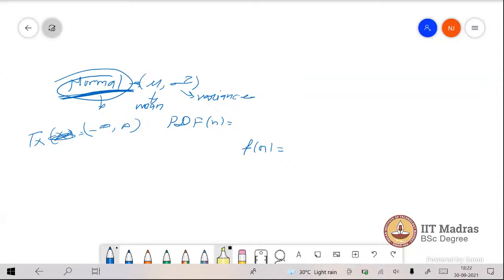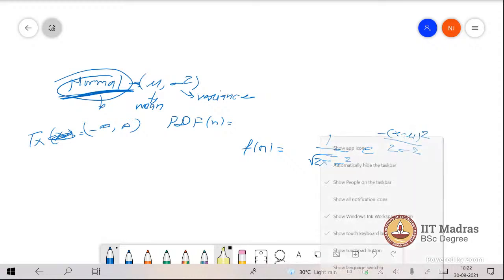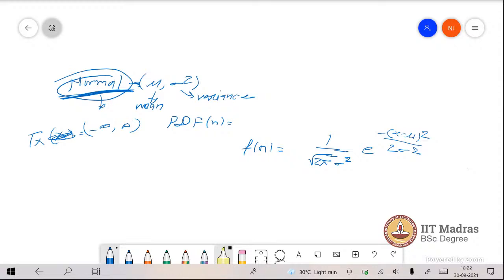So f of x is defined as 1 upon root over 2 pi sigma square, e raised to power minus x minus mu whole square upon 2 sigma square. So this is the PDF of a normal distribution, and the CDF has no closed form.